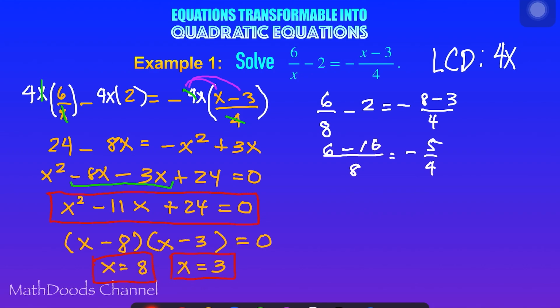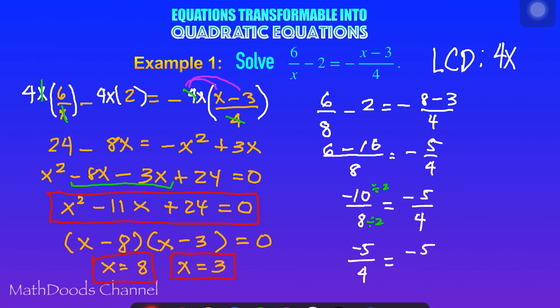Tapos, 6 minus 16 is negative 10 over 8. So, yung negative 5 over 4, hindi na natin siya masisimplify. Simplify natin yung negative 10 over 8. I-reduce natin sa lowest term. So, divide tayo ng, ang GCF nila is 2. So, negative 10 divided by 2 is negative 5. And 8 divided by 2 is 4.